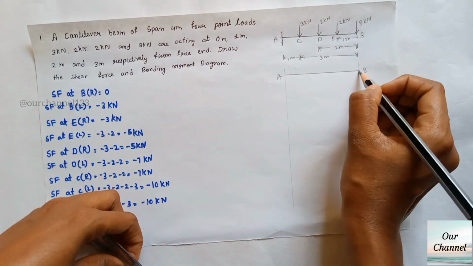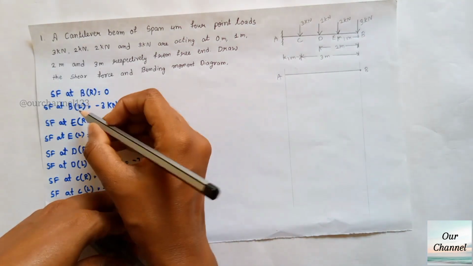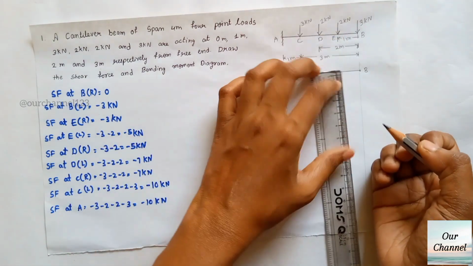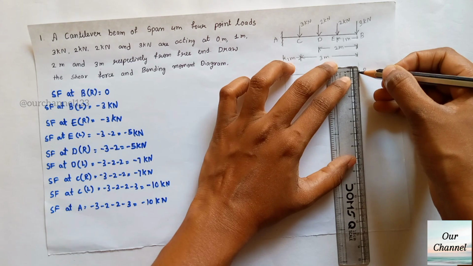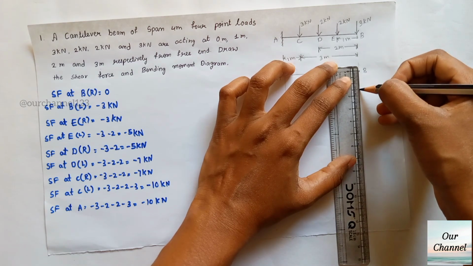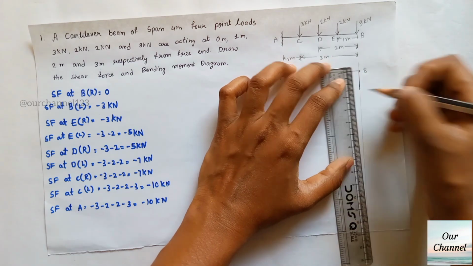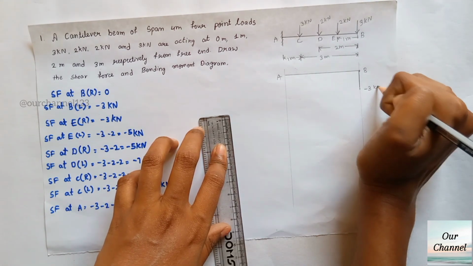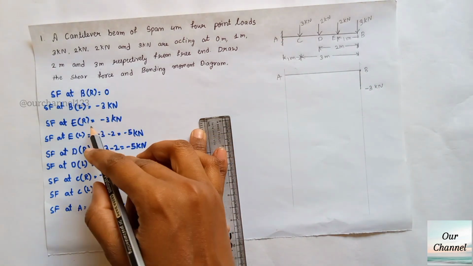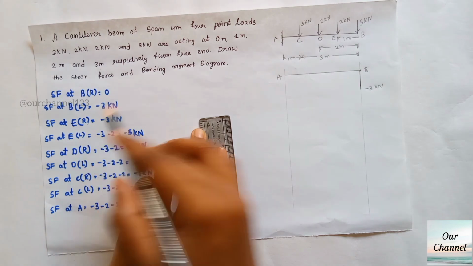At point B, we have 0 and from the left side minus 3. So draw a line showing 3 kilonewtons towards downwards. When the point load is downwards, we will get the shear force diagram downwards.